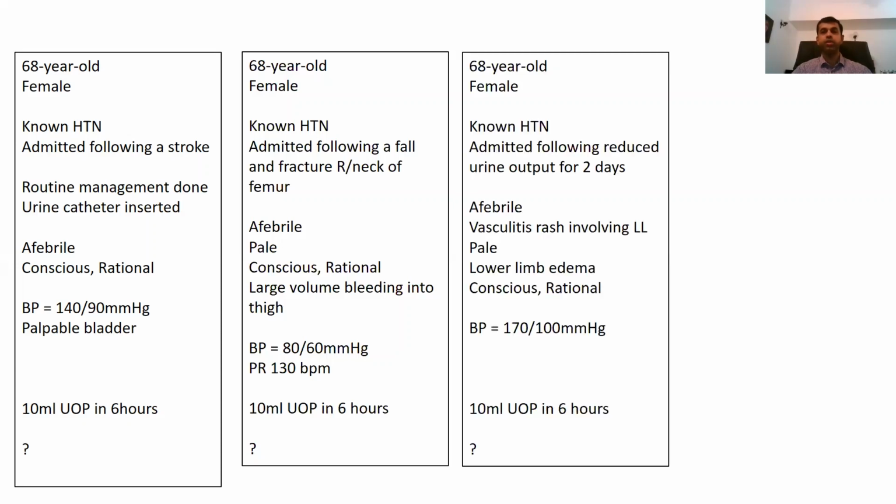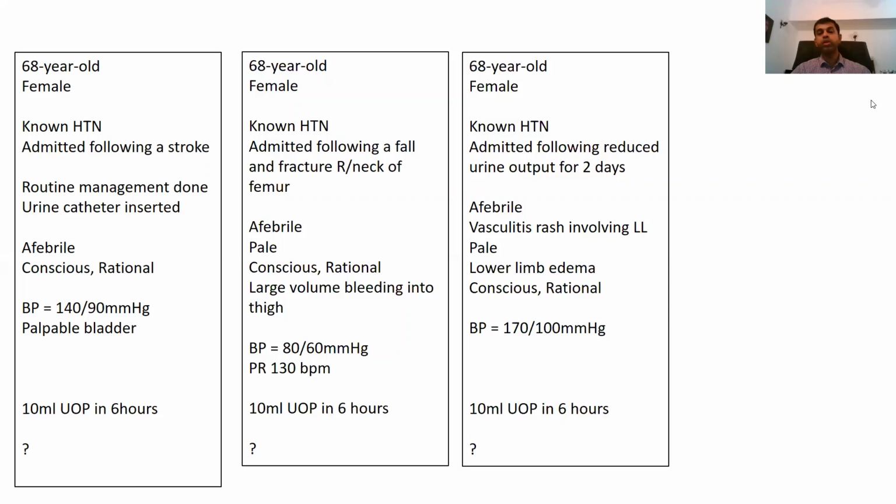Another case scenario: a 68-year-old female, similar age and gender, a known patient with hypertension, admitted following reduced urine output for 2 days. She is afebrile. There is a vasculitic rash involving both lower limbs. On examination, the patient is noted to be pale with lower limb edema, conscious and rational, with an elevated blood pressure of 170 by 100.